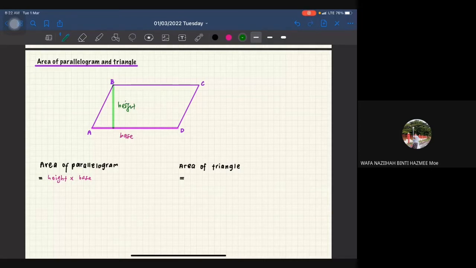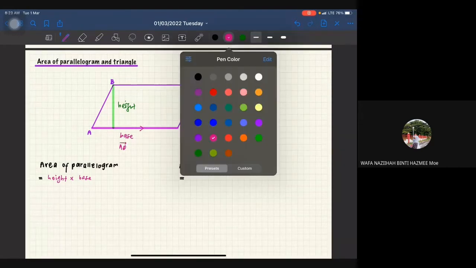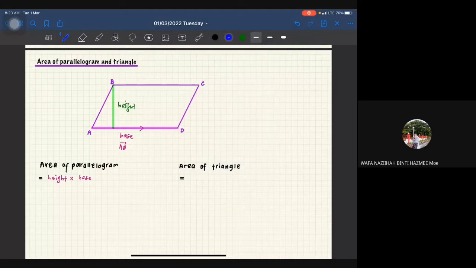Okay, so untuk kita cari area of parallelogram, awak mesti ada dua vektor yang awak tahu. So vektor yang pertama awak boleh dapat daripada sini, vektor AD. Another vector kita boleh dapat daripada yang ke atas ni, which is AB.